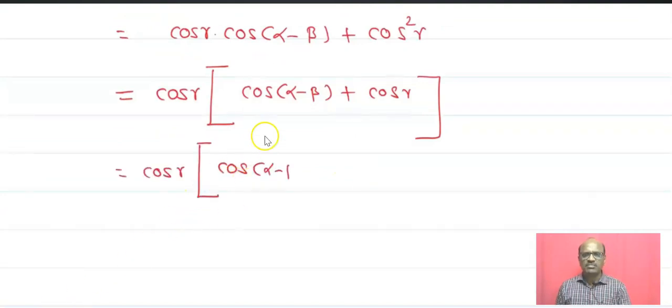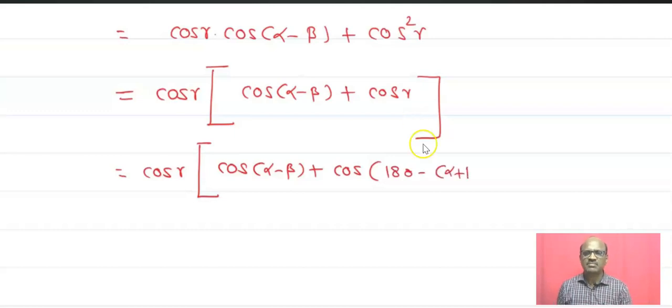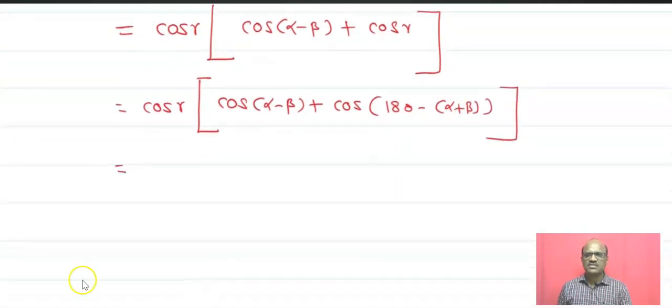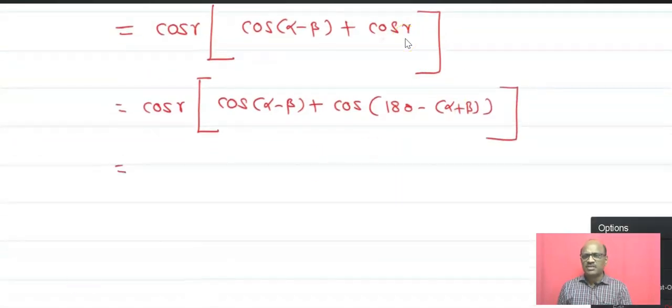And here we will apply the formula: alpha plus beta plus gamma is equal to pi, therefore gamma is equal to pi minus in bracket alpha plus beta.